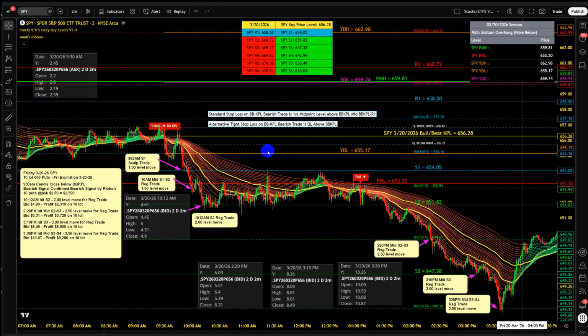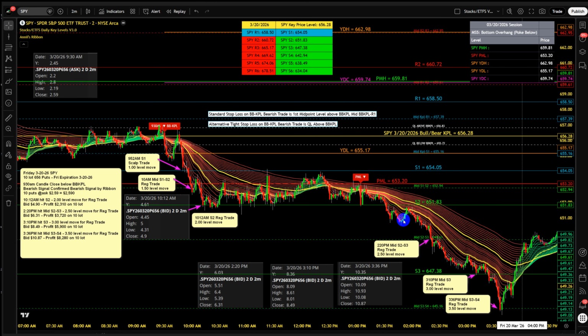Then the idea with the regular trade from that point on, if you have either just adjusted your stop loss, or if you have scaled out 60 to 90% and adjusted your stop loss on remaining runners, is that you want to look for continuation of the trend in your favor.